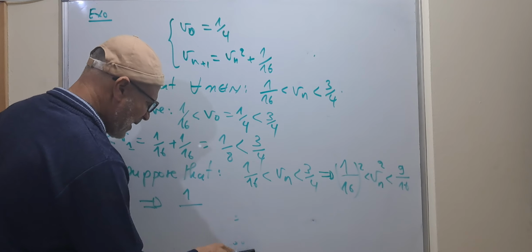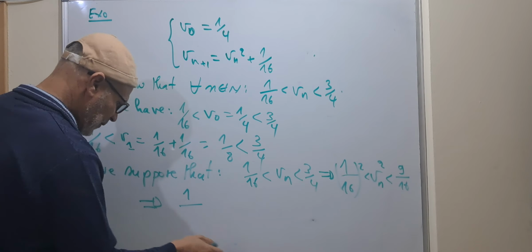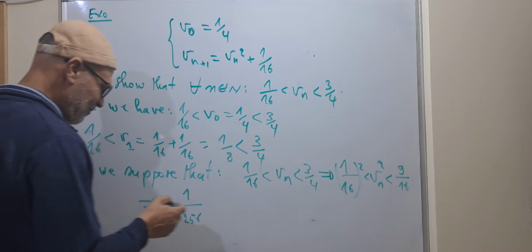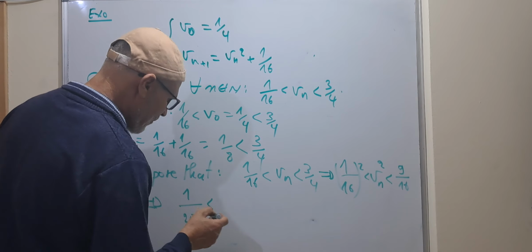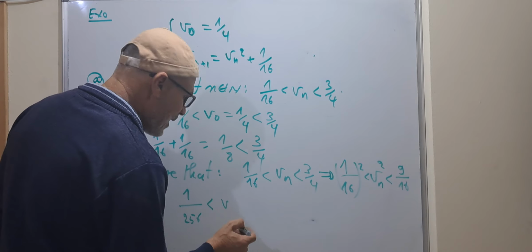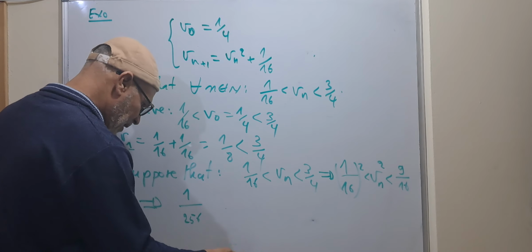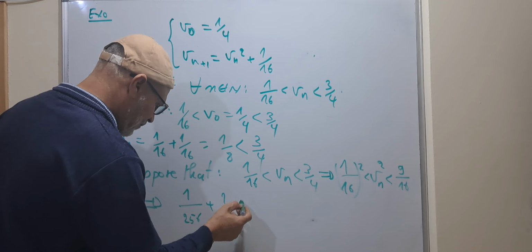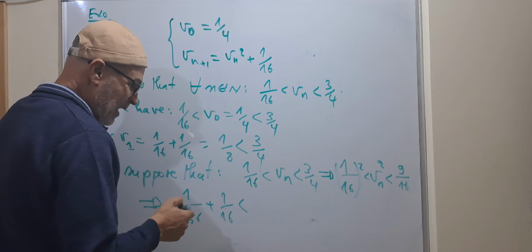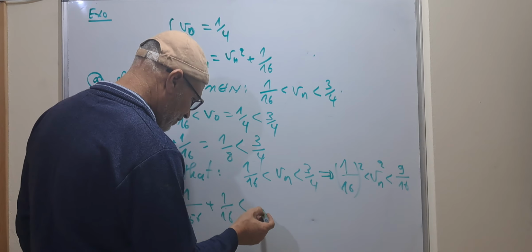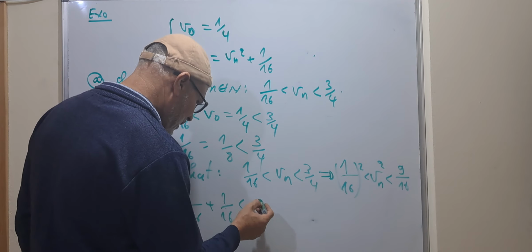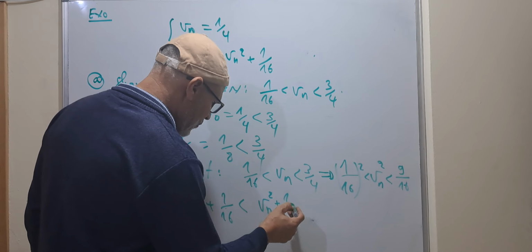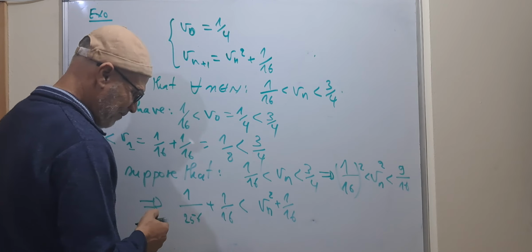So we have 1 over 256 less than the n plus 1 over 16 less than the n square plus 1 over 16.